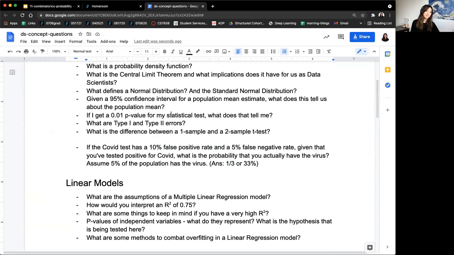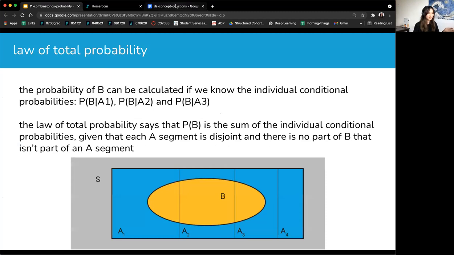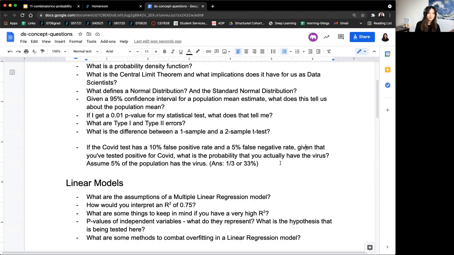Given that you've tested positive for COVID, what is the probability that you actually have the virus? And assume that 5% of the population has the virus. This question, even though it looks like there are no circles and squares going on like this, is actually one that you will use the law of total probability to solve.